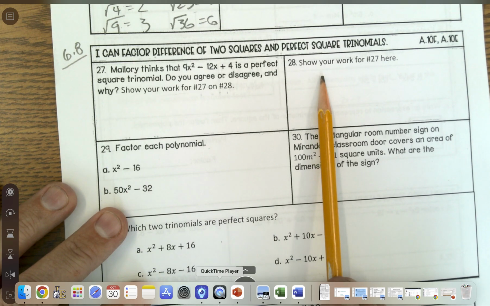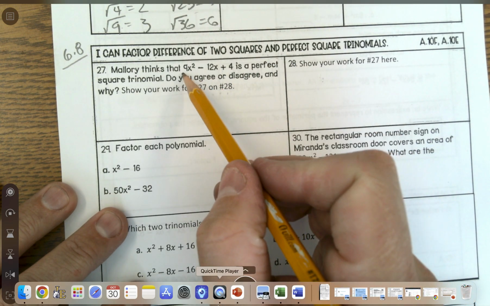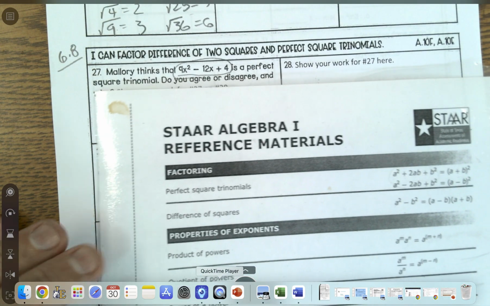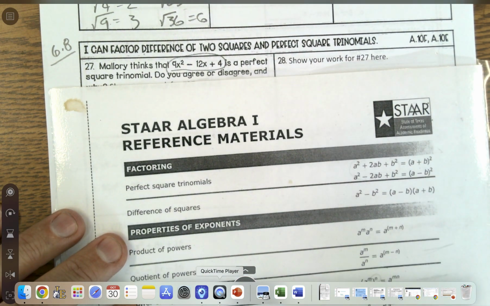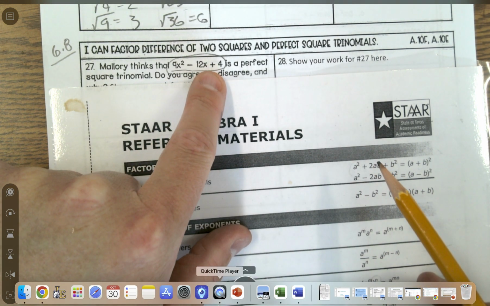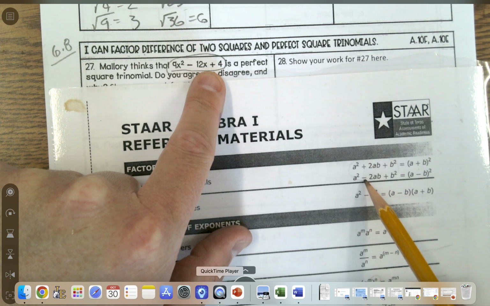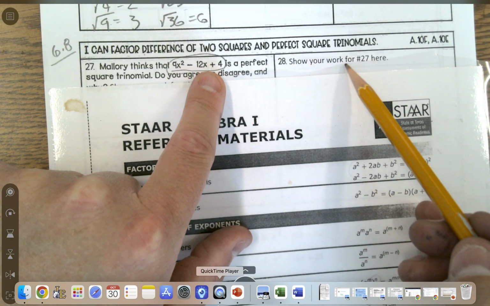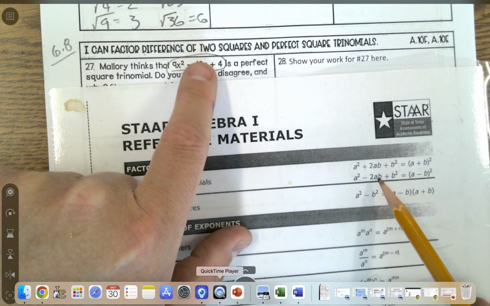She thinks this is a perfect square, so I'm going to look at the formula chart. If you notice here, we have a negative and a positive, and my equation has a negative and a positive. So I'm going to write this equation down on the right side and see if we can get this equation to match this formula.